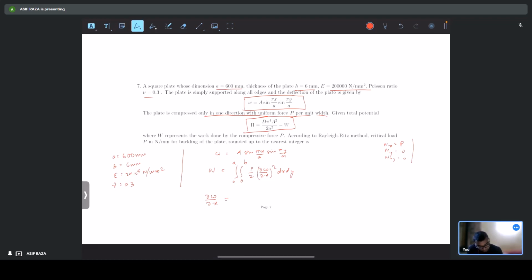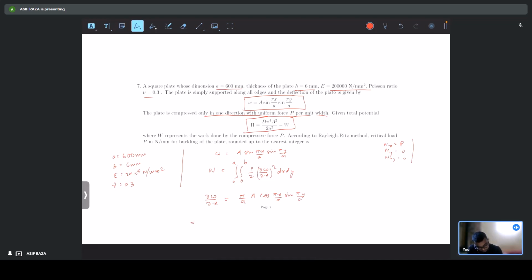So del W by del X would be equal to A pi by a cos pi x by a sin pi y by a.